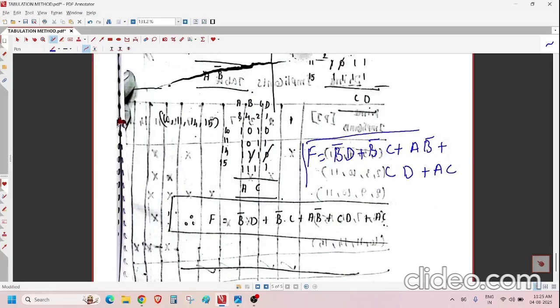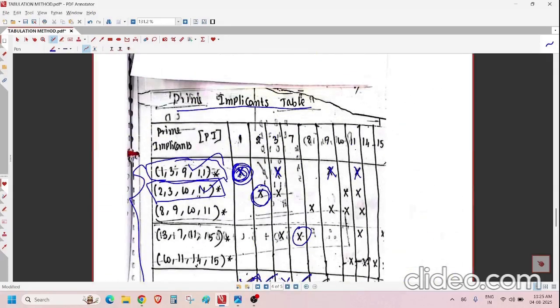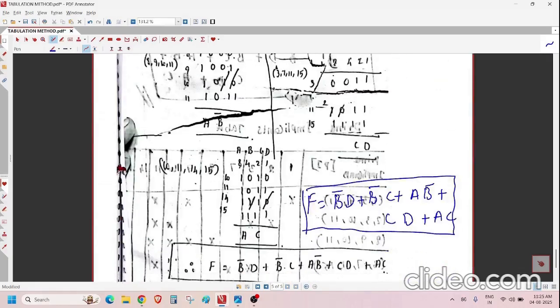So this is the final output for this tabulation method. The input given is F is equal to summation m of 1, 2, 3, 7, 8, 9, 10, 11, 14, 15, which will be minimized into F is equal to B bar D plus B bar C plus A B bar plus CD plus AC.